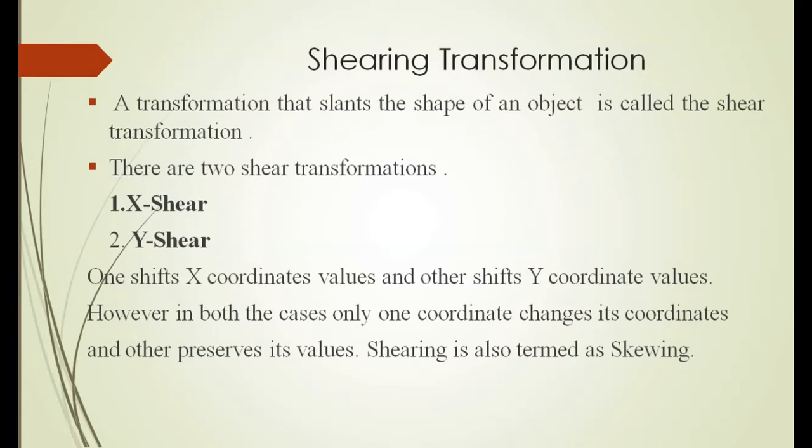We perform the shear operation in the x direction and the y direction. So there are two shearing transformations. The first one is x shearing and the second one is y shearing. One shifts the x coordinate values and the other shifts the y coordinate values. In both cases only one coordinate changes its value and the other preserves its value.